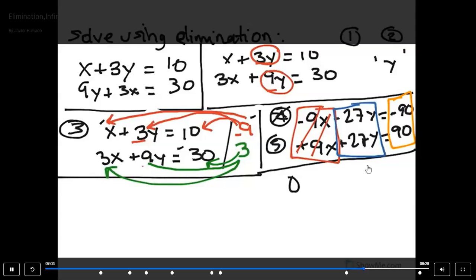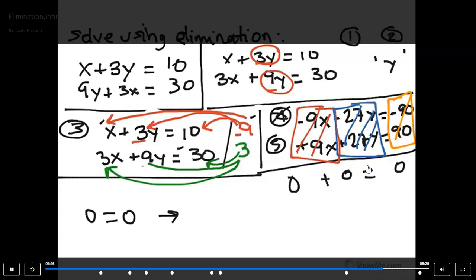When I add negative 27y and positive 27y, these cancel each other out, so I have 0. I bring down my equal sign. When I add negative 90 plus positive 90, they cancel each other out, so that gives me 0. So at the end, I have 0 equals 0.